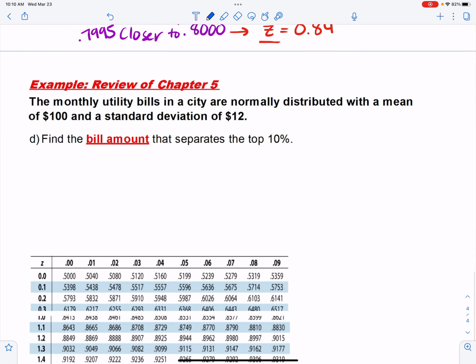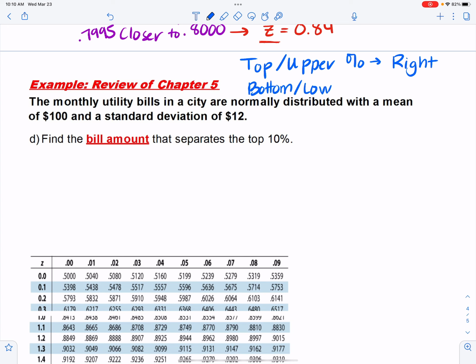If you're given a top or an upper percentage for the area, that means you're being given an area to the right. If you're asked to look at the bottom or the lower end of the curve, that means you're being given an area to the left. And with area left, you can go right to your table.